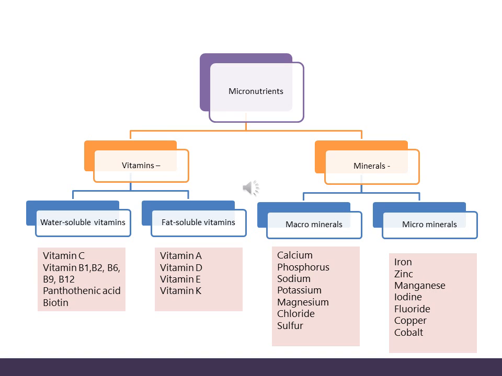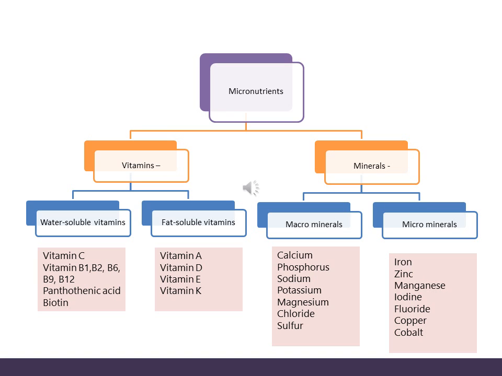They support body processes, as we mentioned in our previous discussion. Microminerals, on the other hand, are required by our body in a daily intake of less than 100 milligrams. We have iron, zinc, manganese, iodine, fluoride, cobalt, and copper. Again, these minerals support body processes, and each has its own functions. We have already discussed that in our previous slides.